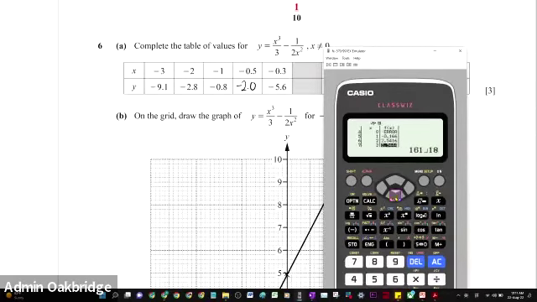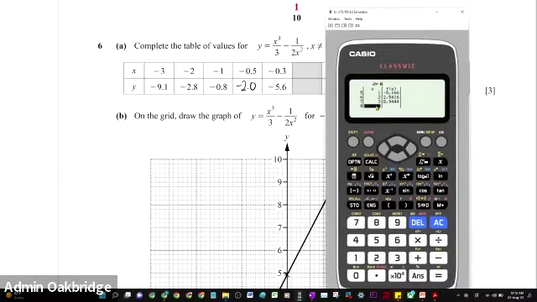Then how? This one you can key in manually. On the x column, you press negative 0.5 and enter. Then you have the value here, right? This one, negative 2.04. So you know it's negative 2.0. How about another one?